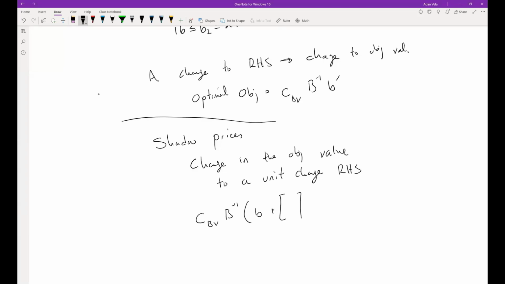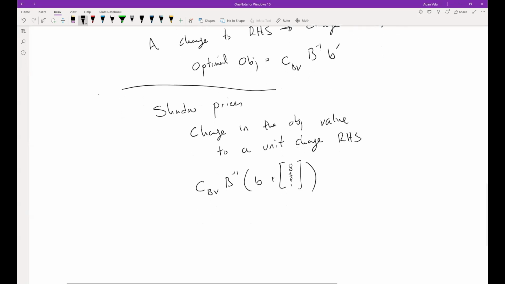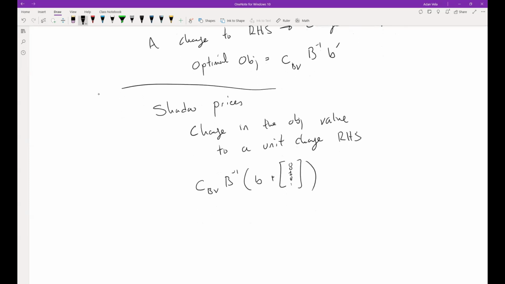So the delta is going to look something like 0, 0, 0, 1, 0, 0. There's only going to be one value that we select. And so if I want to figure out what the shadow prices are, it's the change in the objective value.